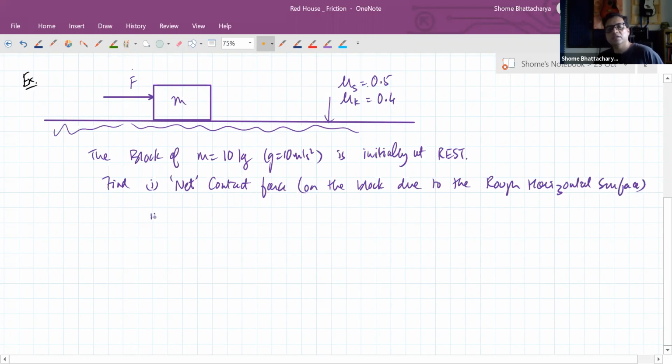And secondly, the angle made by this net contact force with respect to the vertical.